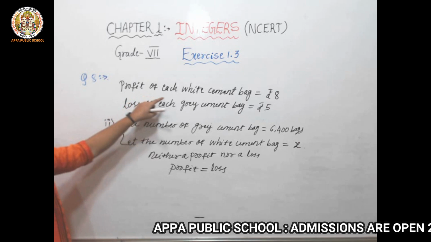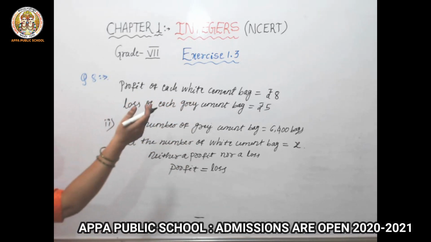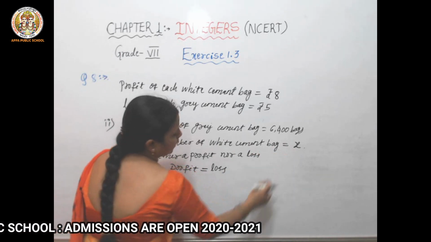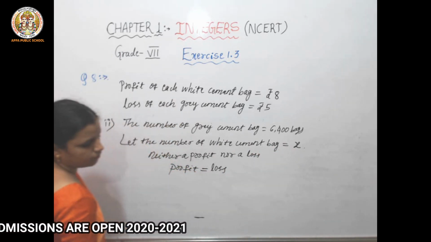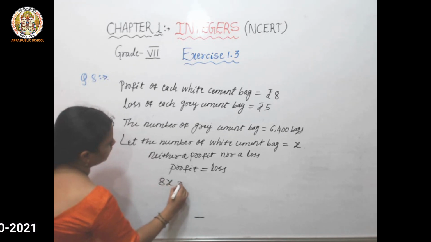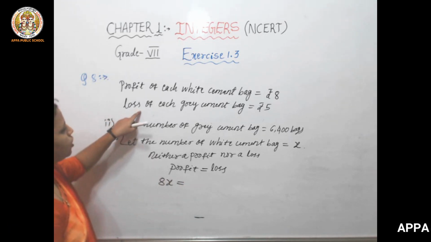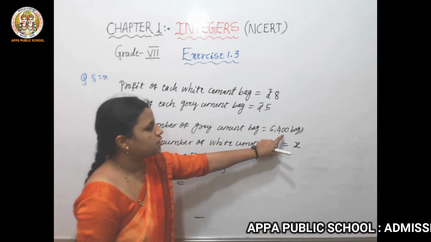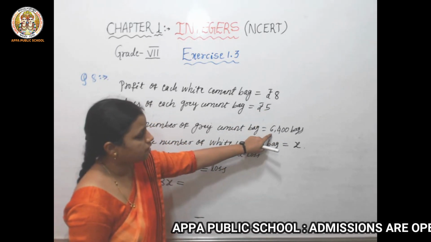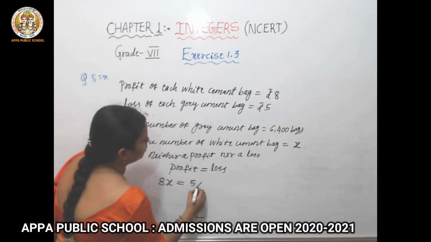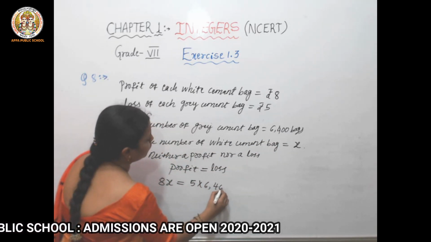The profit on each white cement bag is rupees 8, and for x bags it is 8x. And the loss on each grey cement bag is rupees 5, and for 6,400 bags it is 5 into 6,400.